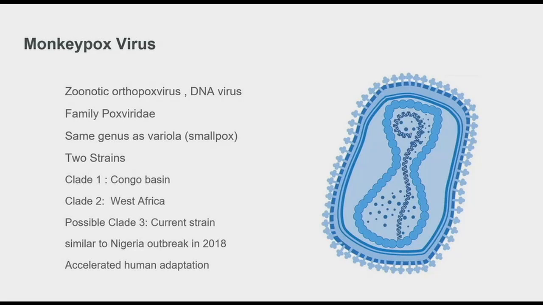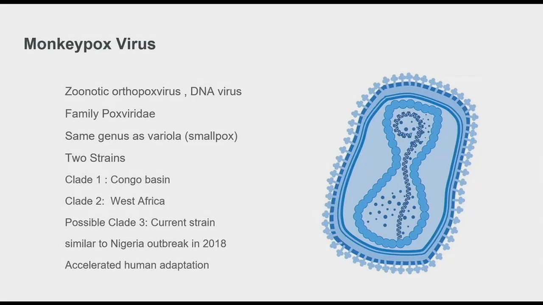And currently, we probably have a third clade. From the sequencing perspective, this is more like the Nigeria strain outbreak in 2018.